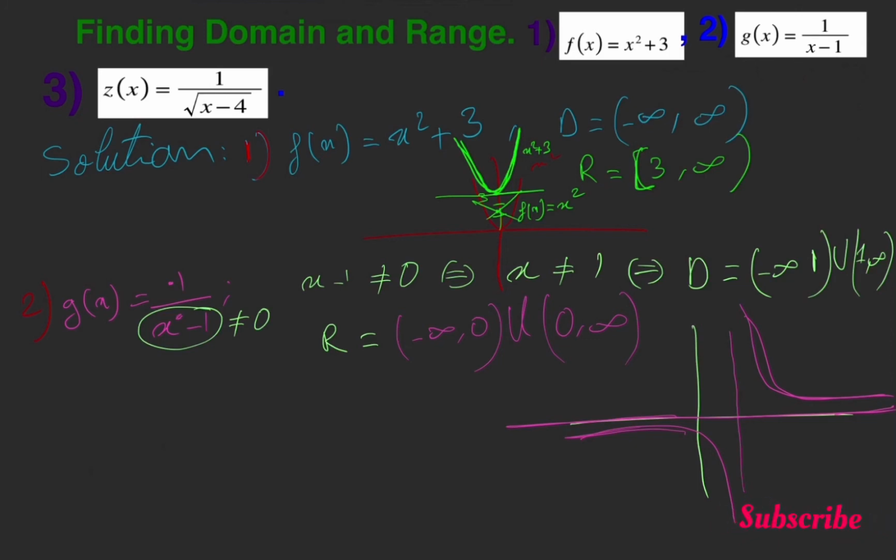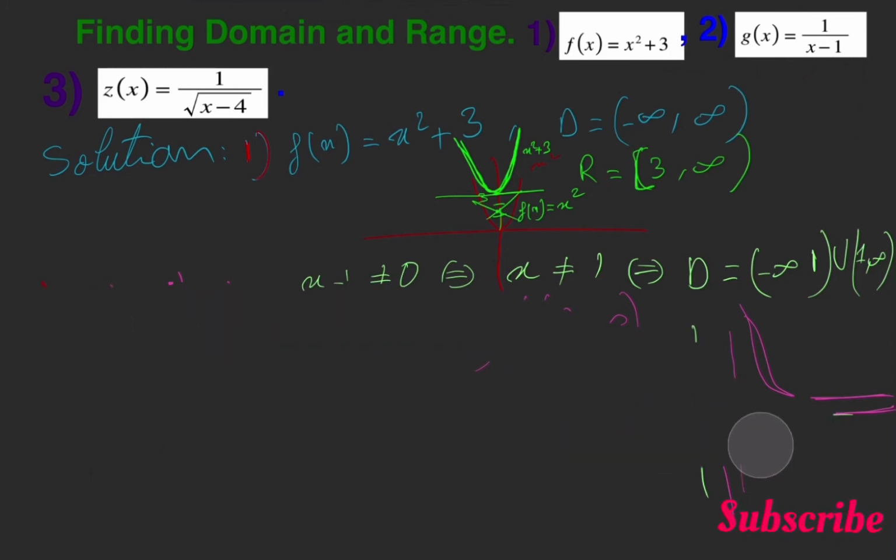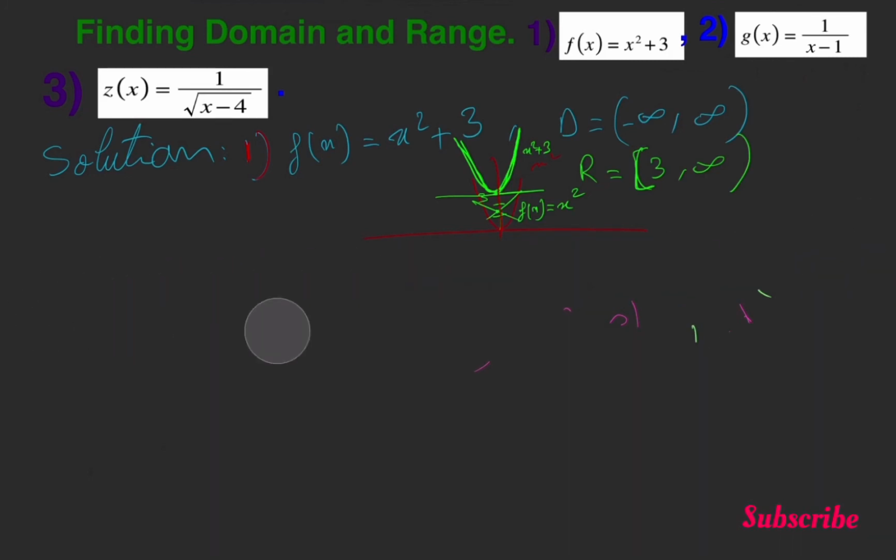So let's do the third one. The third one, we have z of x is equal to 1 over square root of x minus 4. So in this case, we see we have two restrictions.